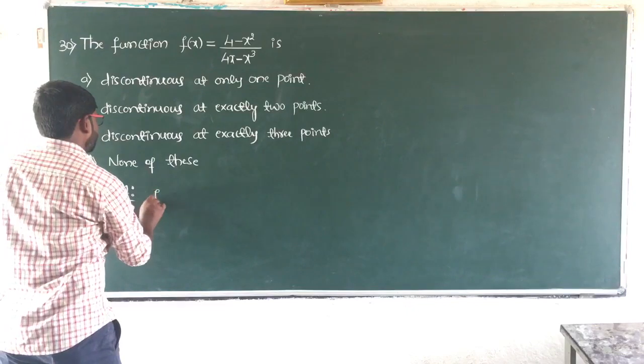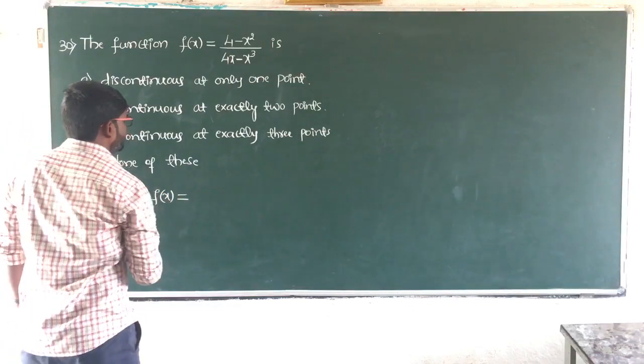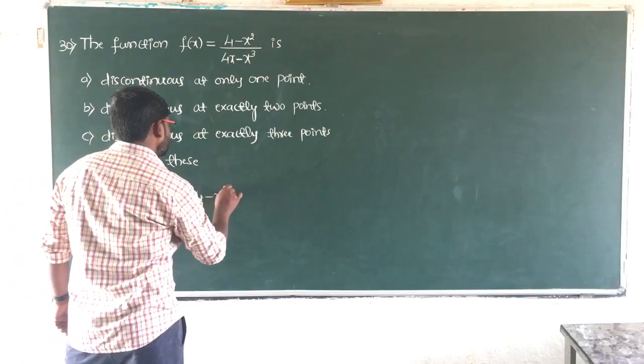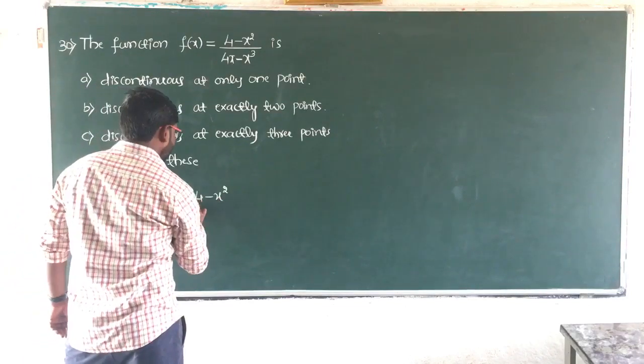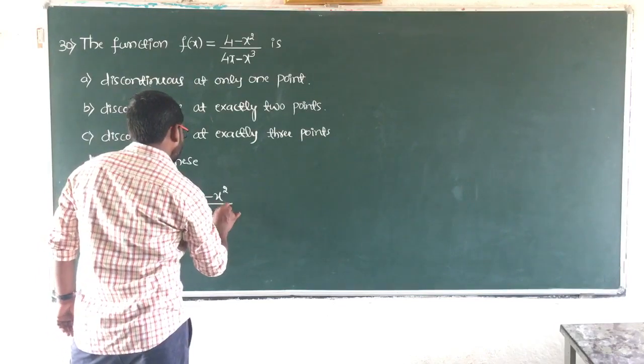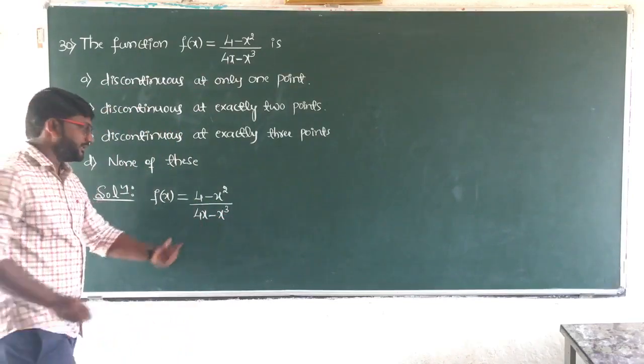So f of x is equal to 4 minus x square divided by 4x minus x cube. Now I take x common in the denominator.